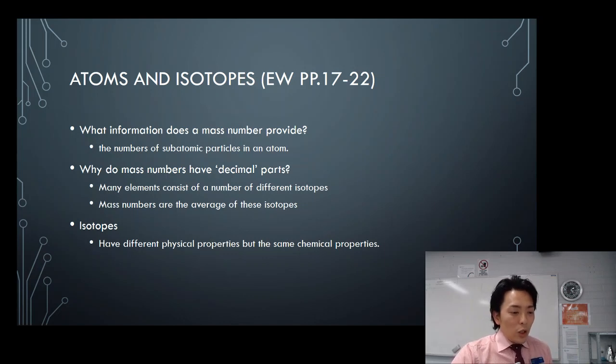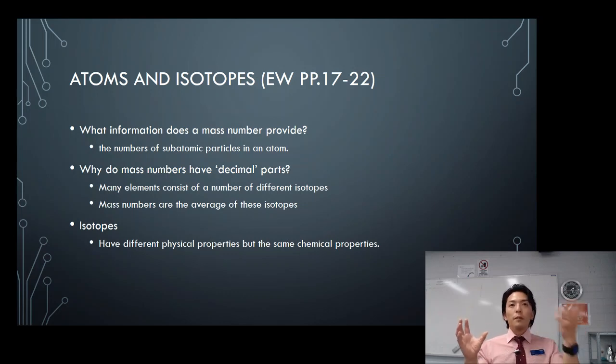Isotopes, as I mentioned, have different physical properties, but the same chemical properties. So for example, deuterium, which is an isotope of hydrogen, would behave in the same way if you let it react with oxygen. Hydrogen and oxygen make water. Deuterium and oxygen make heavy water.